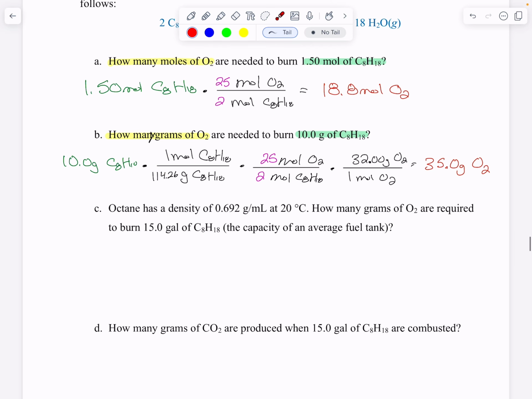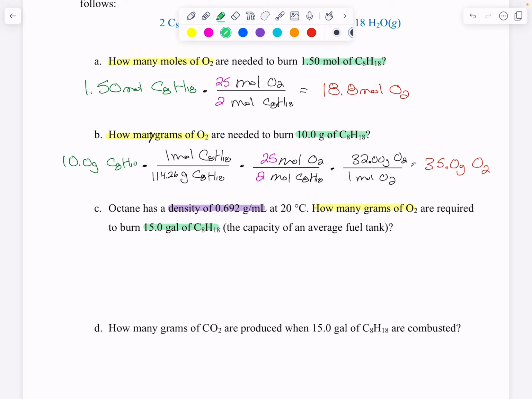All right, here's a fun one. Maybe. All right. Octane has a density of 0.692 grams per milliliter at 20 degrees Celsius. How many grams of O2 are required to burn 15 gallons?